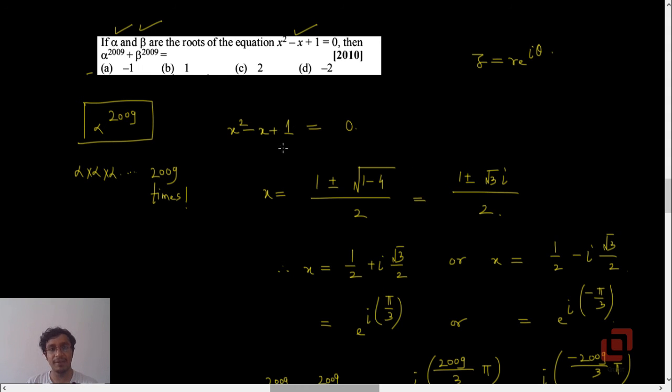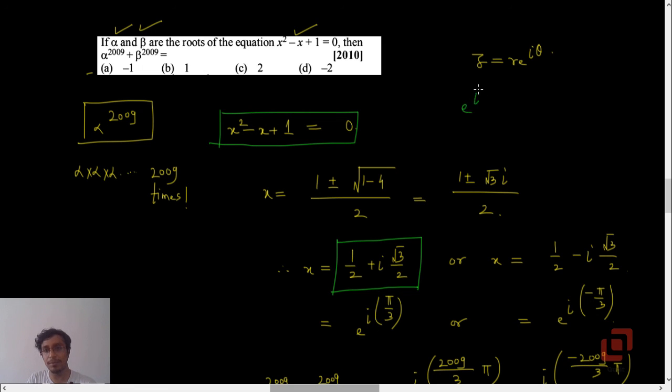First, I have solved this quadratic equation by the formula: x will be equal to minus b plus or minus root of b squared minus 4ac upon 2a. So the roots that I have got are 1 by 2 plus i into root 3 by 2, whose exponential representation is going to be e to the power i pi by 3.